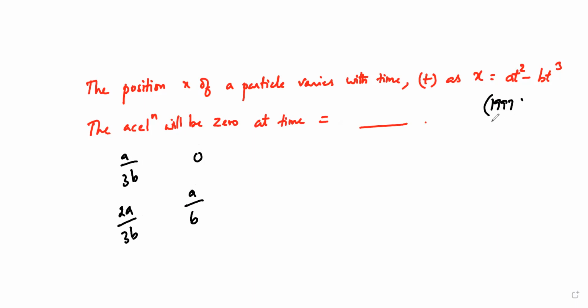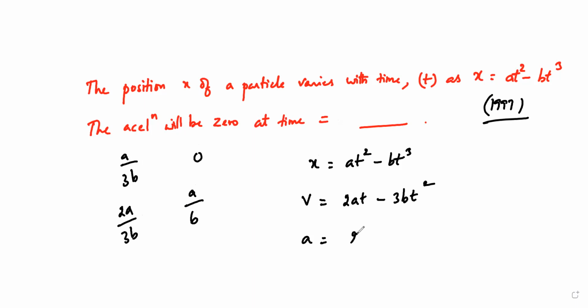1997 IIT. First of all, x is equal to at square minus bt cube. So differentiating this, I will get velocity, that is 2at minus 3bt square. Again differentiating this, I will get acceleration, that is 2a minus 6bt. Right?